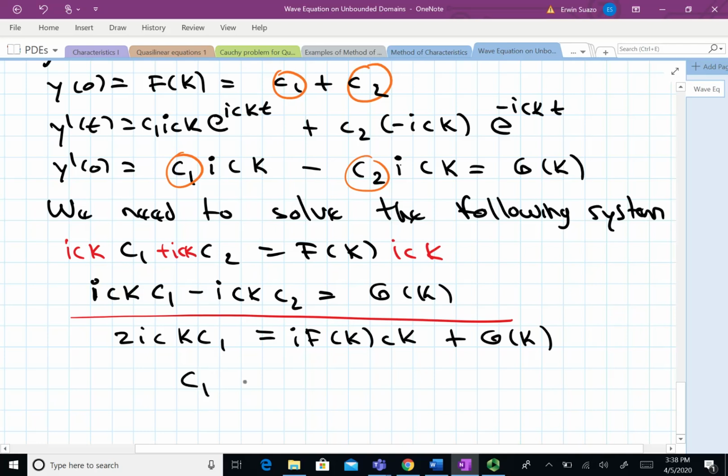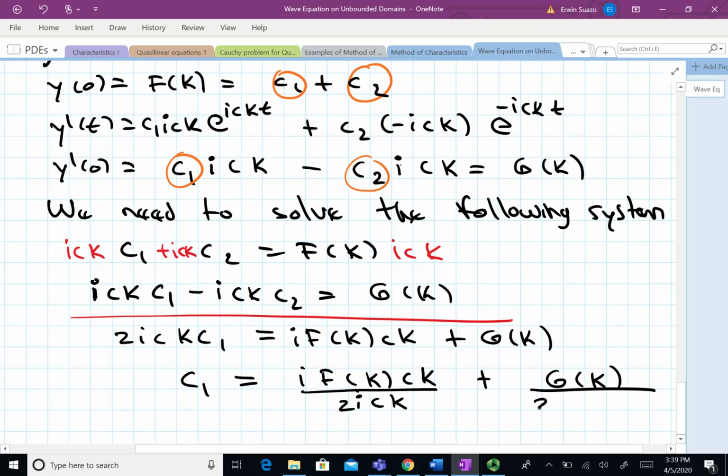I need to leave C1 alone because that's what I want. So I get ick f of k plus g of k, and I divide by 2ick.